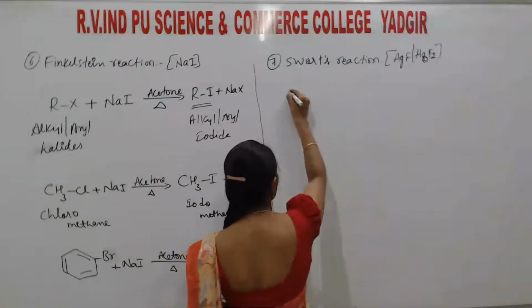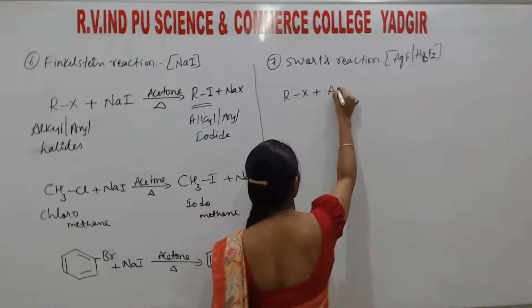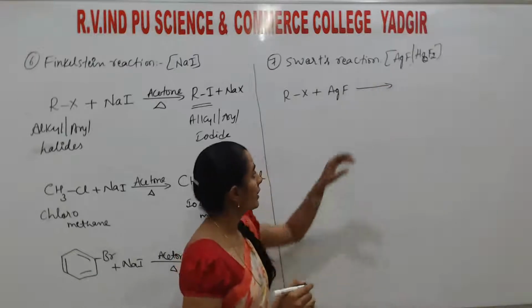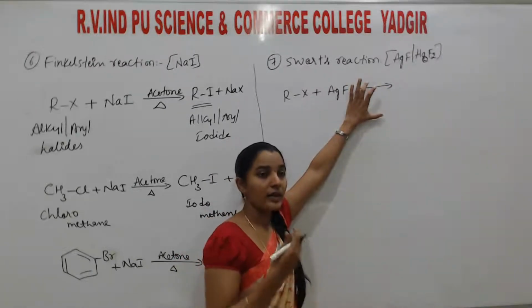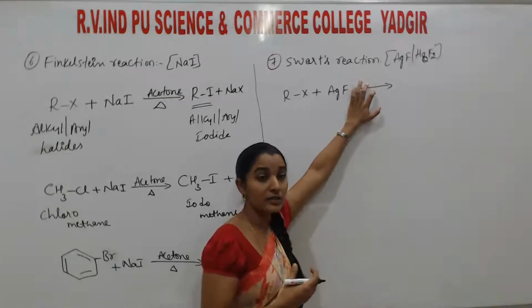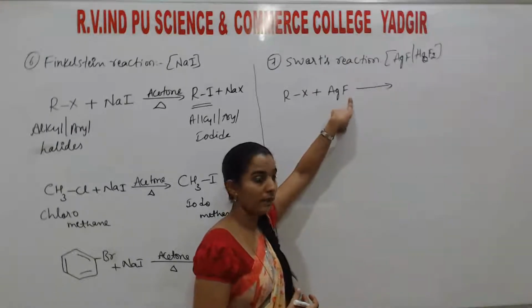So the next one, Swarts reaction. Here also the same RX compound, but the reagent used here is AgF. There is no need to add any extra reagents here, like acetone or any condition. Reaction condition is not necessary because here AgF is there.